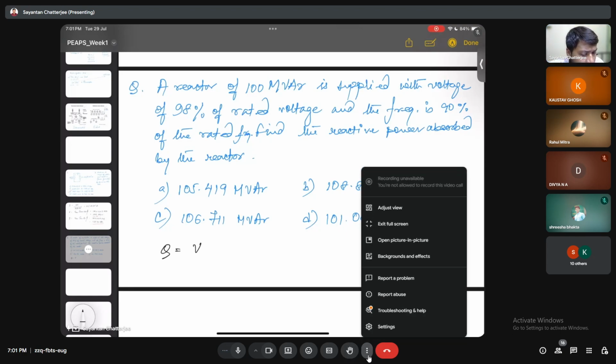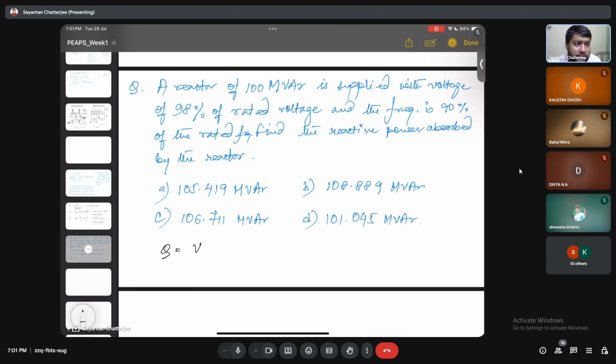Frequency? No, not directly, just inversely. It is directly proportional to voltage square and inversely proportional to frequency. Frequency means reactance, and for a reactor you will see 2 pi F L. So here the frequency is integrated. Given this equation, please try to solve.